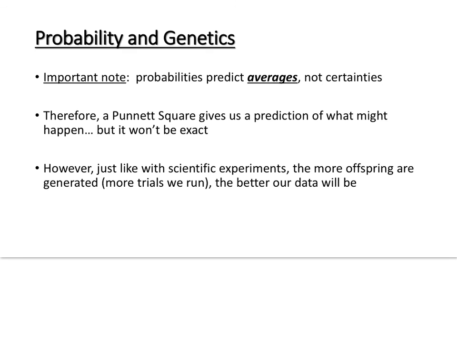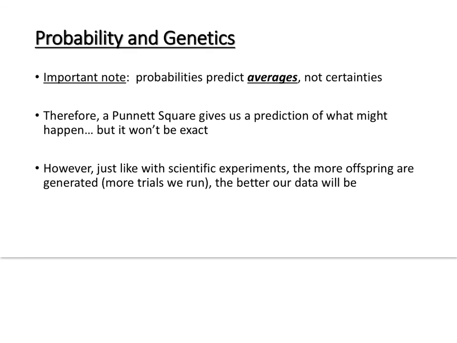An example for you, if Punnett squares were perfect, then every single family that we looked at would have an even number of boys and girls, assuming they had an even number of kids. So if you had 4 kids, you should have 2 boys and 2 girls, if Punnett squares are always true. And you guys probably know from your own experience that that's not the way it turns out, right? Lots of families have all girls. They have 3 girls, or they have 3 boys, or whatever it might be, 2 boys.